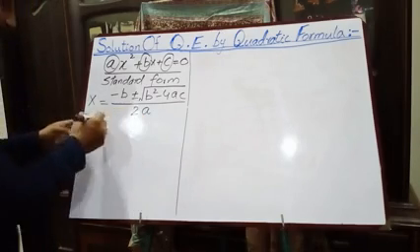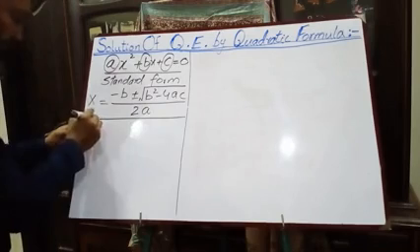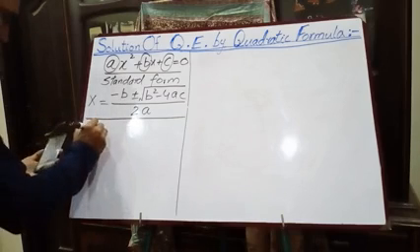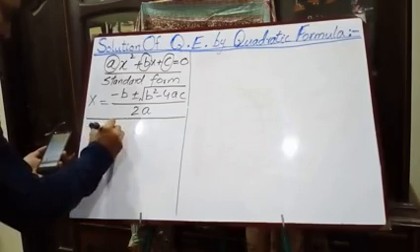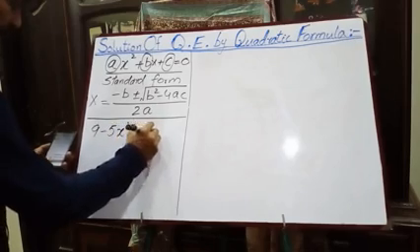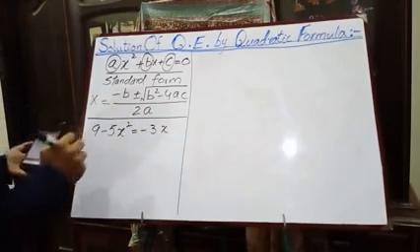Fine. For example, we have a question right here, and that is 9 minus 5x square is equal to minus 3x.